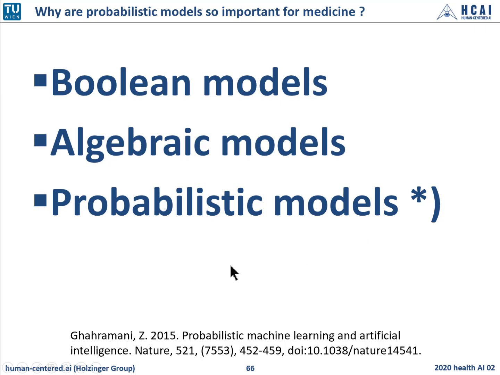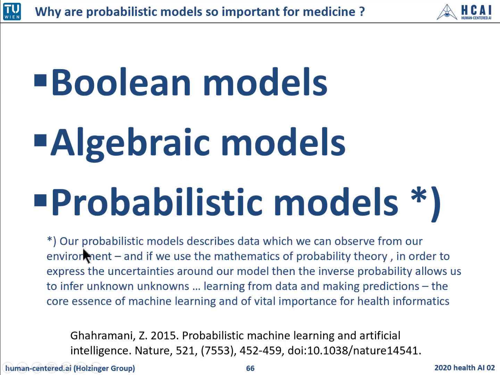And because this is so important, I will now read one-to-one from this slide. So this is originally from Zoubin Ghahramani from Cambridge. So our probabilistic models describe data which we can observe from our environment. And if we use the mathematics of probability theory in order to express the uncertainties around our model, then the inverse probability allows us to infer unknown unknowns.